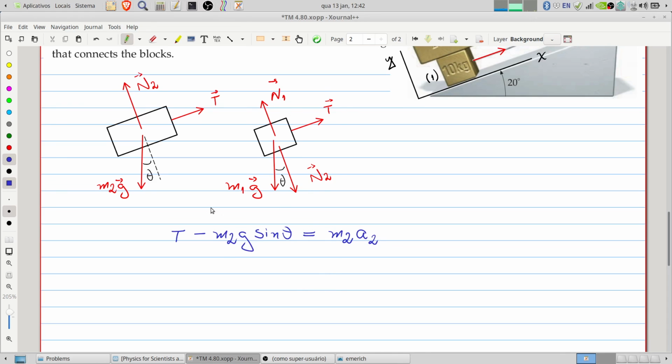Now for block 1, we'll have the tension minus m1 g sine of theta. We are projecting both weights in the x direction. This equals m1 a1, the acceleration of block 1, of course.